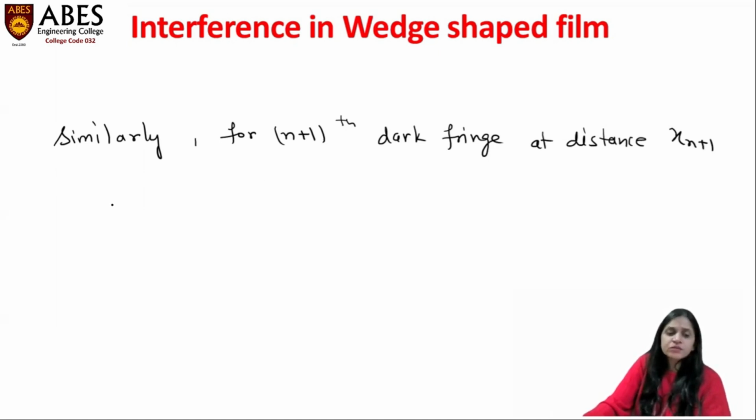So the T2 will be equal to xn plus 1 tan theta.